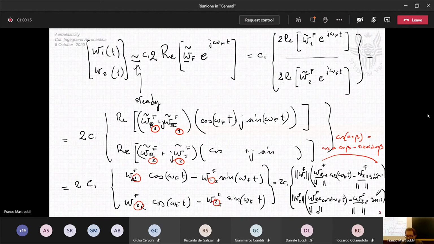In fact, here you have a cosine of this angle, actually omega f times t, and the real part divided by the amplitude of a complex number is exactly the cosine of the phase angle of such a number.